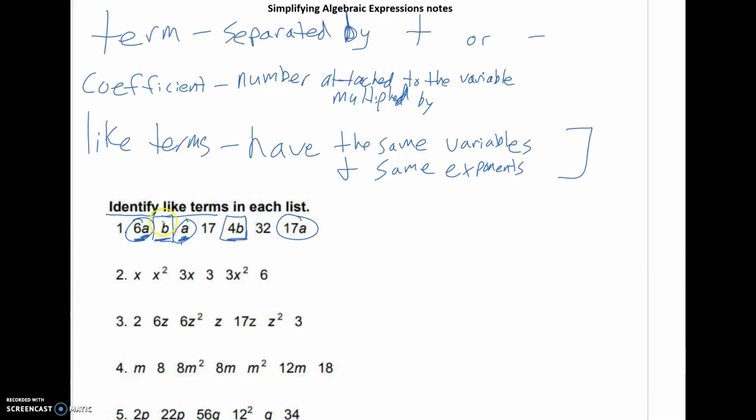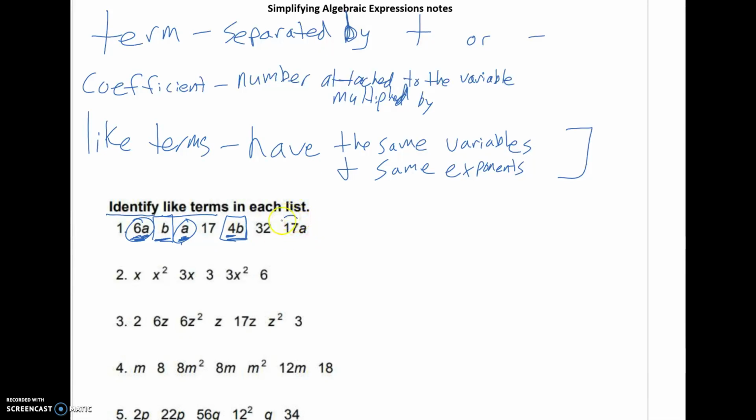So we have, this is like a 1b here, no exponent, and then 4b's. So the b, the variable, is the same, and the exponents are the same. Don't worry about the coefficient, okay? So in this case, 6 is the coefficient, 4 is the coefficient, 17 is the coefficient, the number attached to the variable.